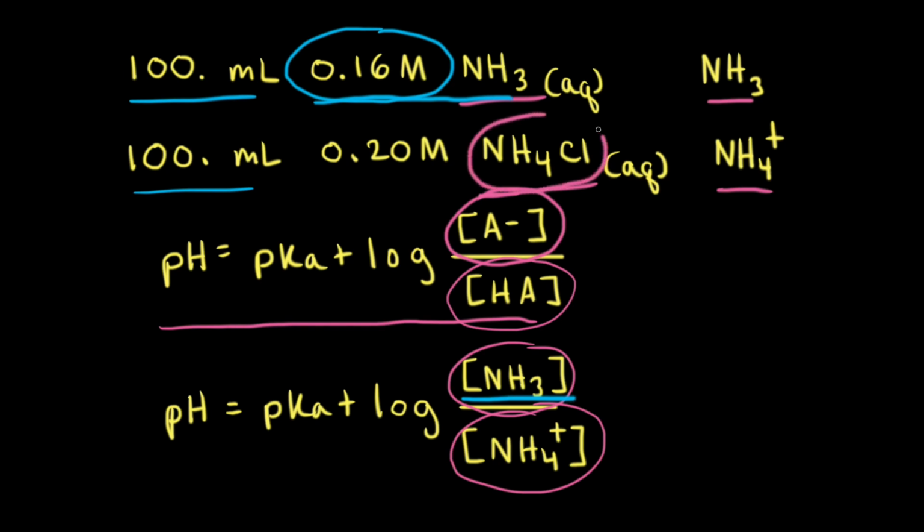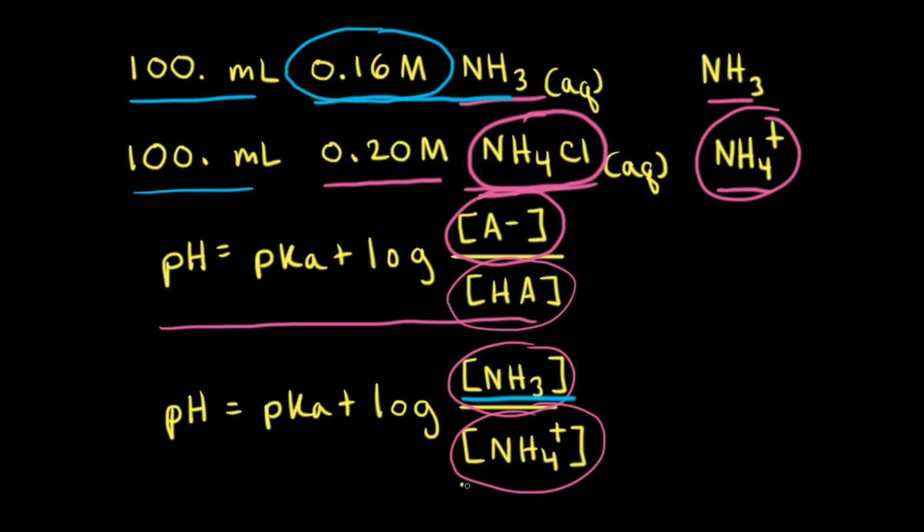Ammonium chloride is a soluble salt. Therefore, if we have 0.20 molar for the initial concentration of ammonium chloride, we have 0.20 molar for the initial concentration of ammonium ions. And since we're doubling the volume when we mix the two solutions together, we are halving the concentration. So the concentration of ammonium ions in solution is 0.10 molar.